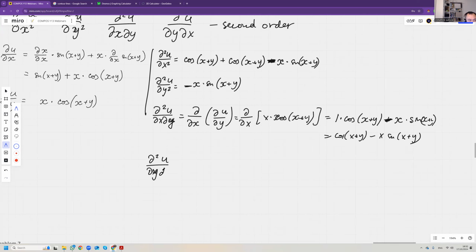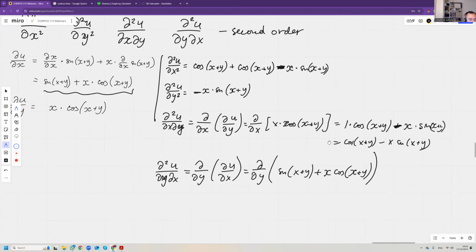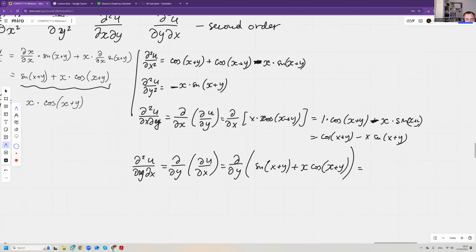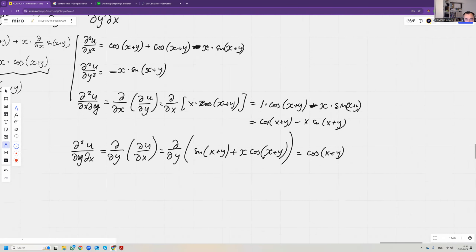So we would differentiate this expression with respect to y now: ∂/∂y of sin(x + y) + x cos(x + y). That's going to be cos(x + y), and we differentiate the second term with respect to y, so x is a constant now.